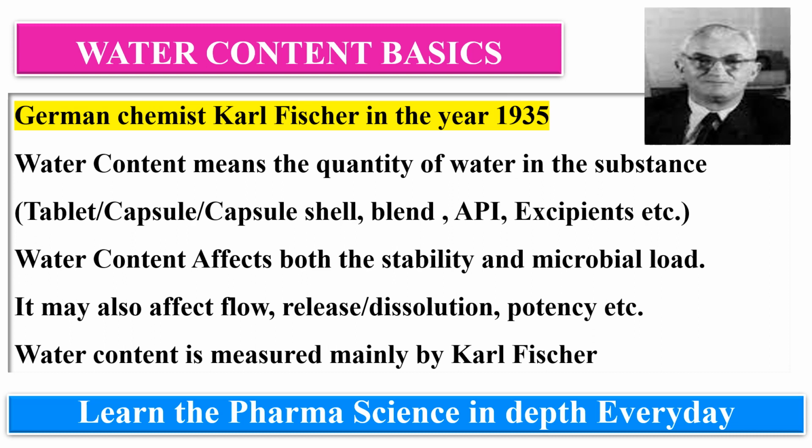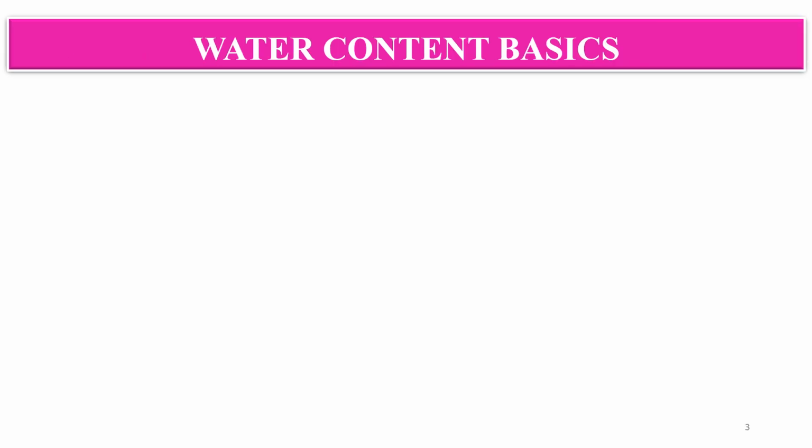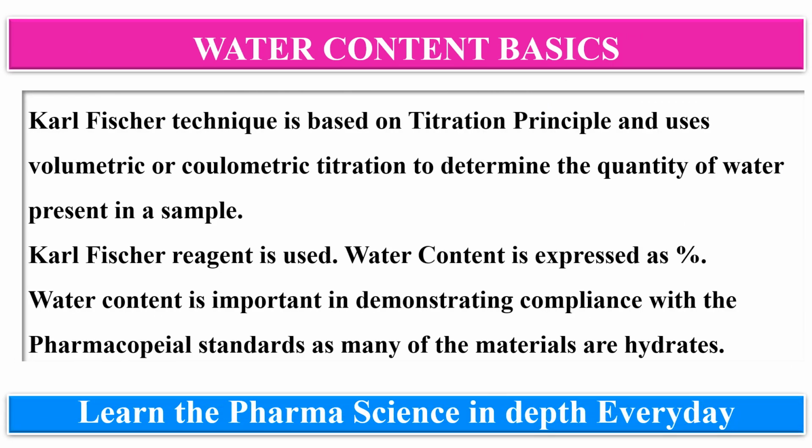Water content is measured by Karl Fischer. That's why sometimes water by KF is referred to in the test. The Karl Fischer technique is based on the titration principle and uses a volumetric or coulometric titration to determine the quantity of water present in the sample.